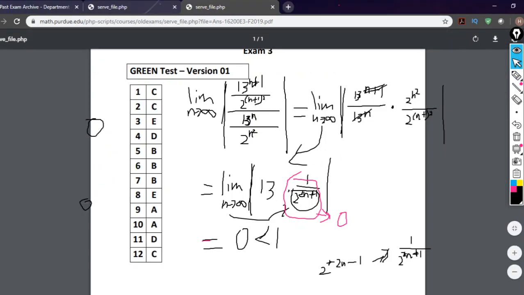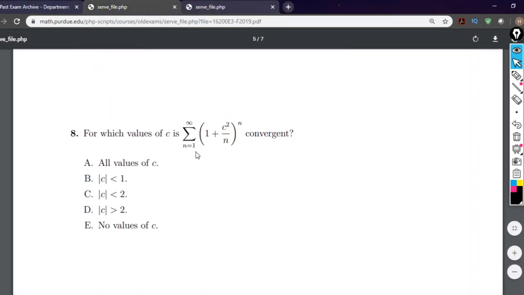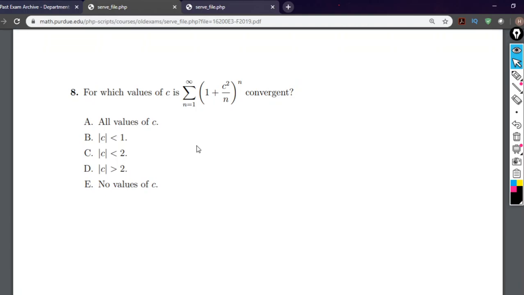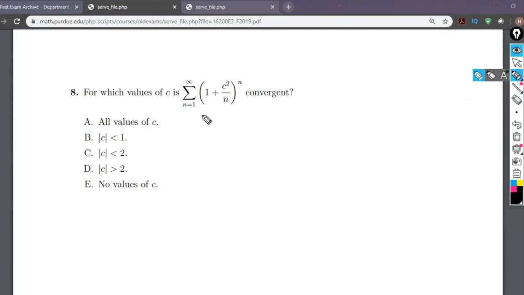And as we can see here, 7 is B. Next test, when you see a series brought up to a power of n, the first thing you think of is the root test. The index is n here, then you're taking the nth root.